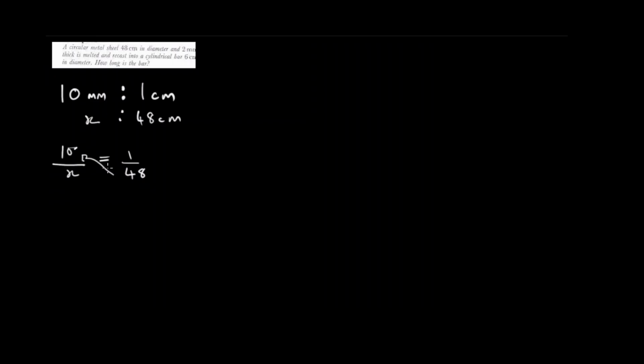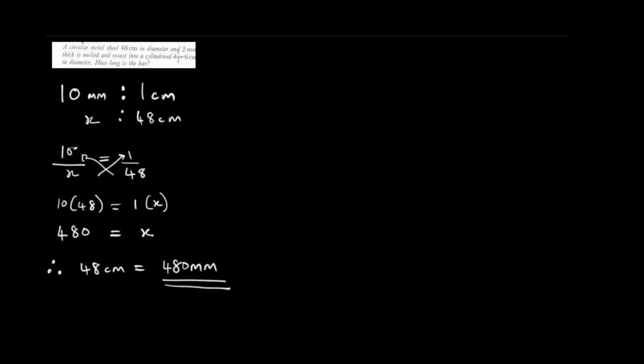Cross multiplication: 10 times 48 is equal to 1 times x, so 480 is equal to x. Therefore 48 centimeters is equal to 480 millimeters.